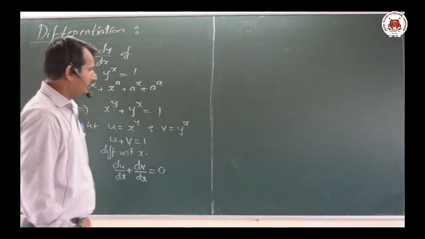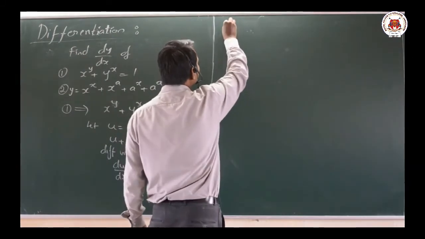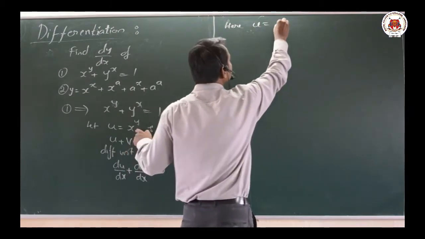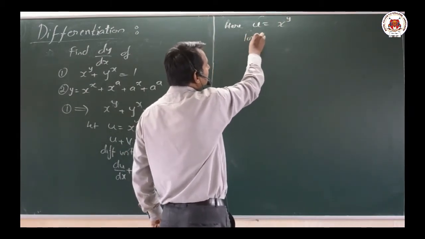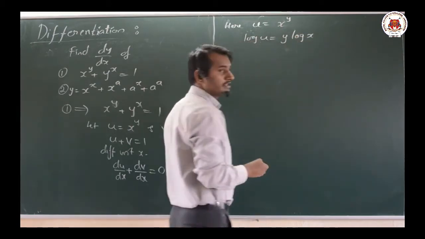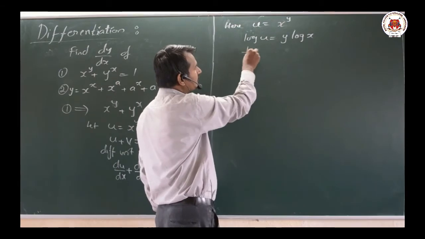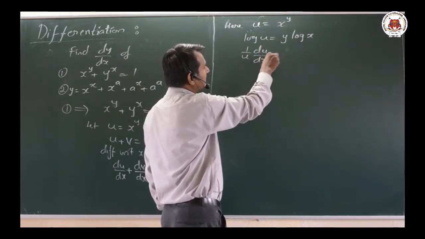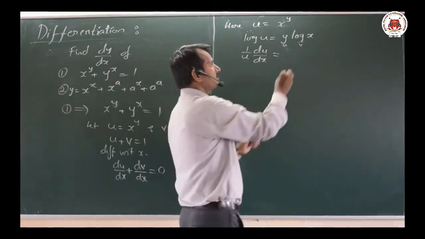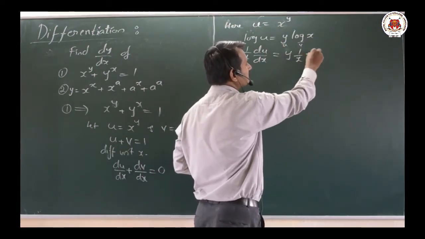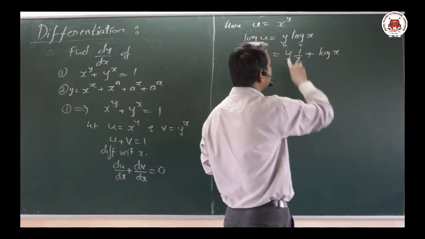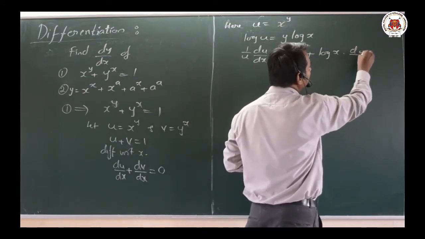Okay, let us observe that. Let u be equal to x raised to y. Taking log on both sides, log u is equal to y into log x. That means 1 by u into du by dx equals y as it is, times the differentiation of log x, which is 1 by x, plus log x as it is, times the differentiation of y, which is dy by dx.